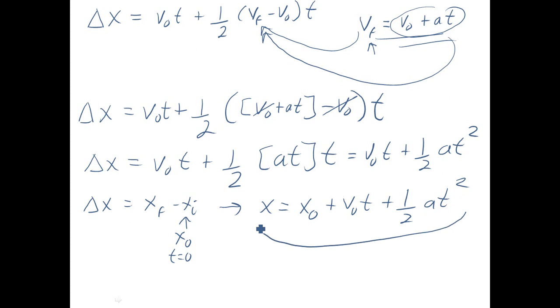And that should be familiar to everybody. Again, notice if you put 0 in for t, this equation reduces to x equals x0. So it gives us our position at time t equals 0. But this is also one of the key kinematic equations.